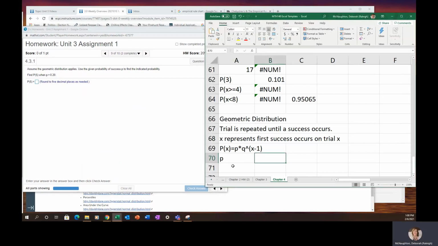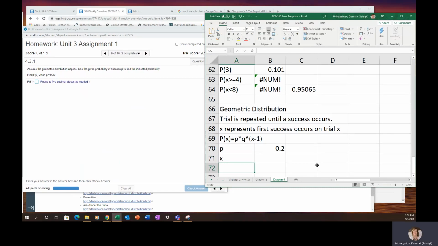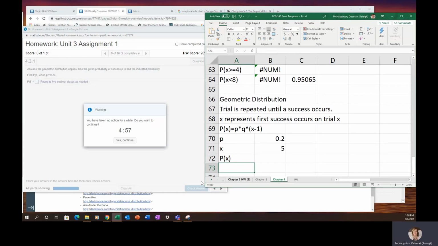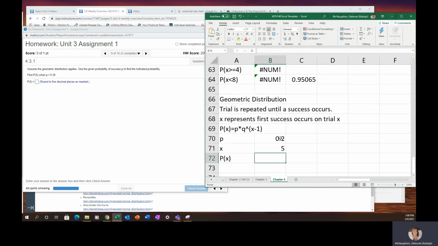So what we're going to put in here is P, and then we're also going to put in our X. Okay, and our X is 5 in this case, and then I can calculate P of X. All right, so these are things that I input, so I'm just going to make those red as always.